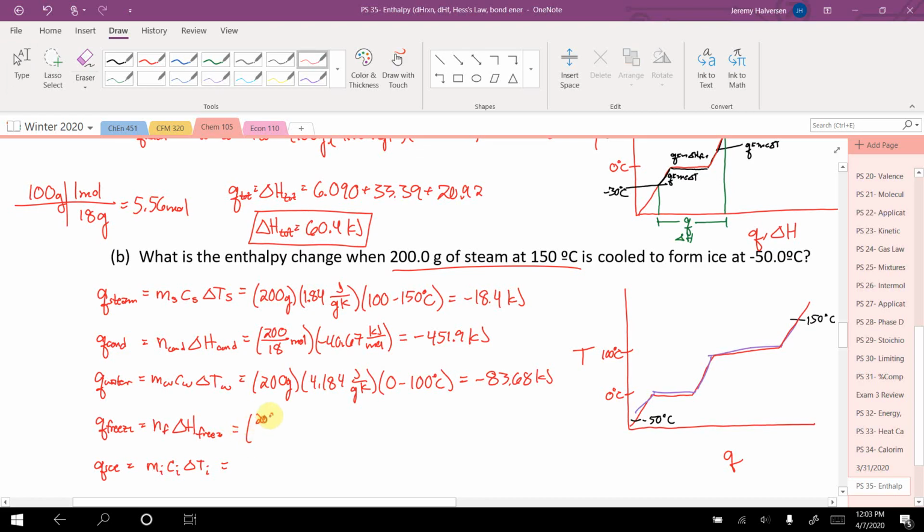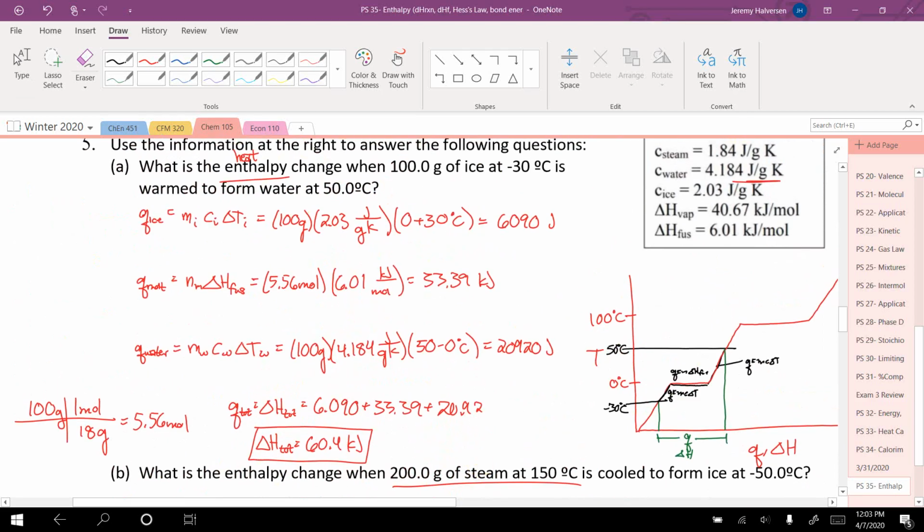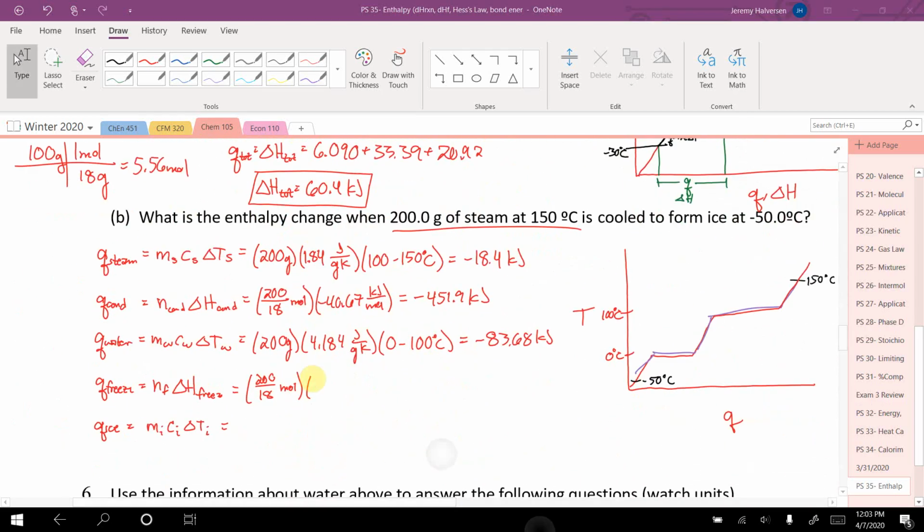Here we have our moles again, times 6.01, but it'll be negative 6.01 because I'm not melting, I'm freezing. That gives me a value of negative 66.8 kilojoules.